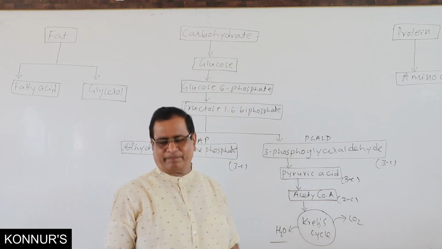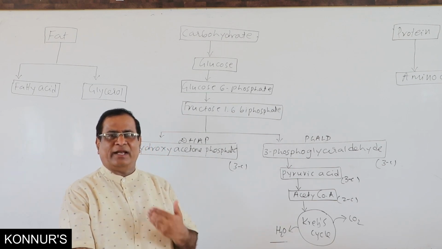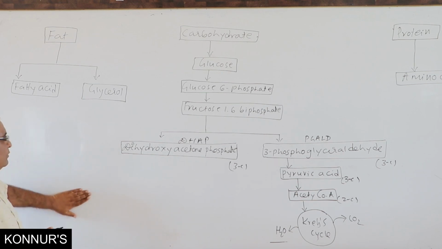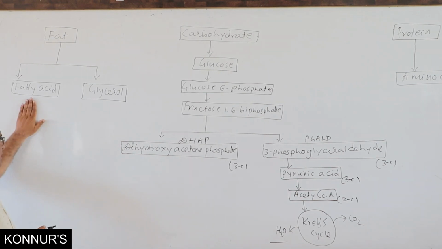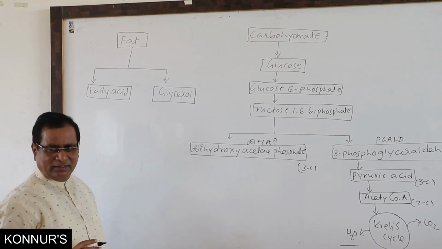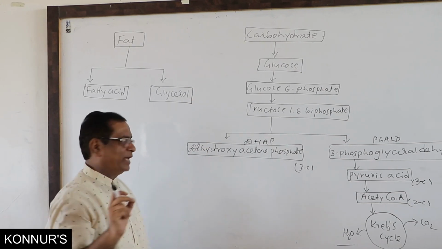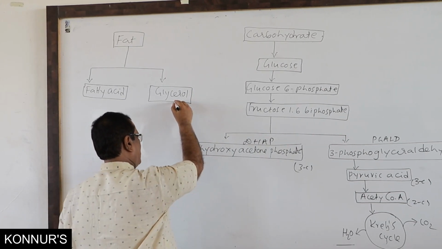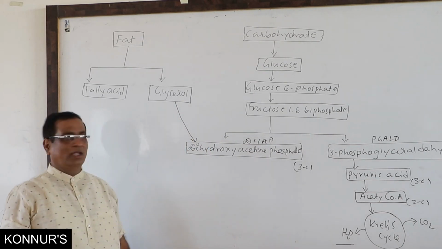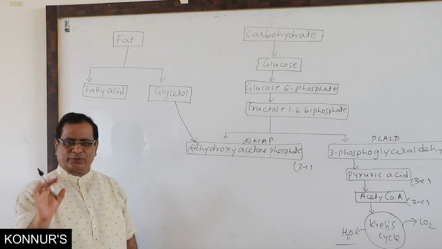That you know about. In case fat acts as an energy yielder, that fat is made up of the monomers fatty acid and glycerol. What glycerol does is directly enter the respiratory pathway by converting into dihydroxyacetone phosphate.